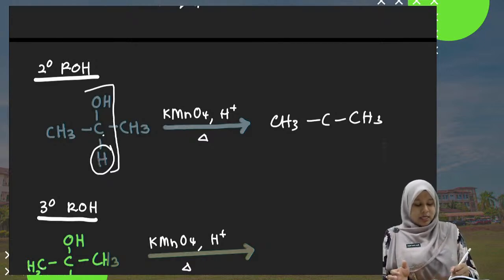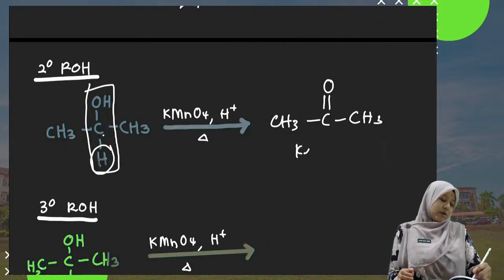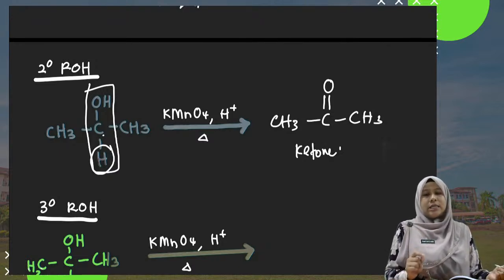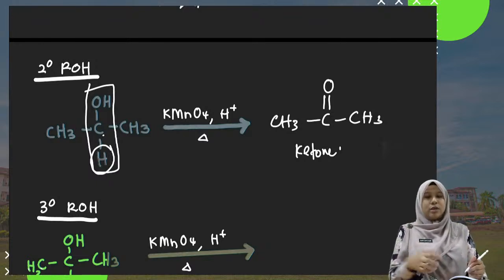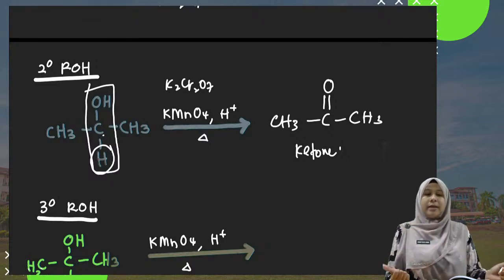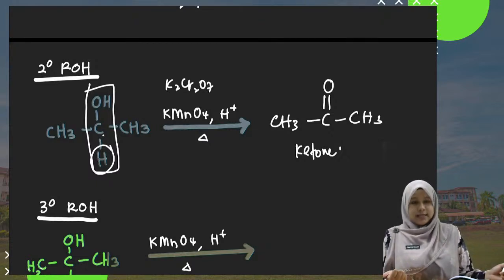Dekat CHOH saja dia akan tukar jadi C double bond O. So kamu akan dapat formation of ketone. Untuk secondary alcohol, oxidizing agent yang kita boleh guna adalah strong oxidizing agent sahaja. Contoh, kita boleh guna potasium permanganat, kita boleh guna potasium dichromate, kita boleh guna chromic acid. Chromic acid pun dia salah satu daripada strong oxidizing agent.